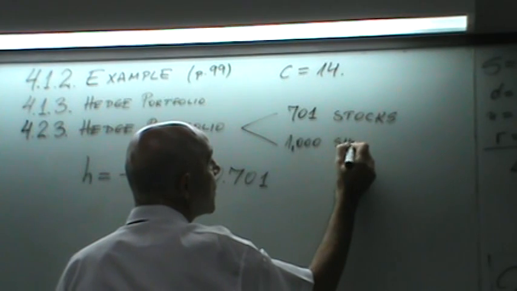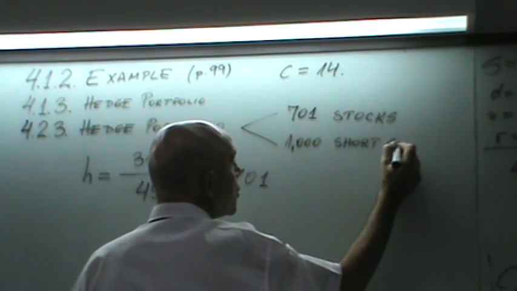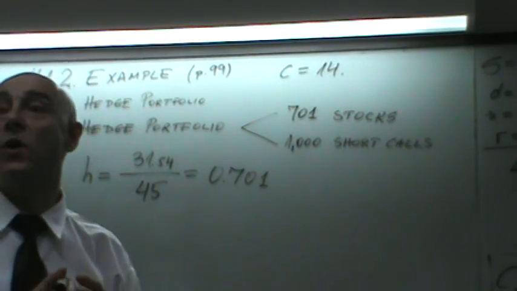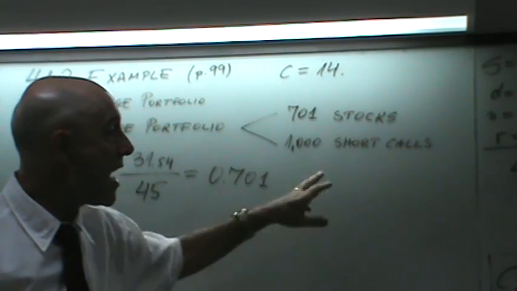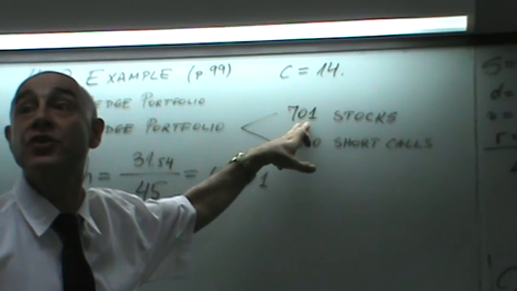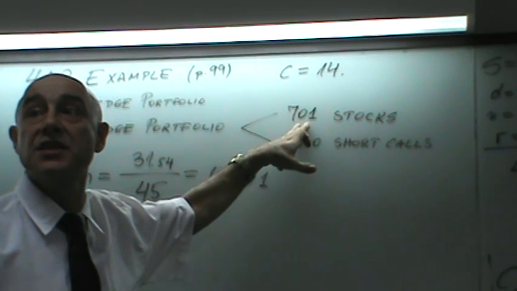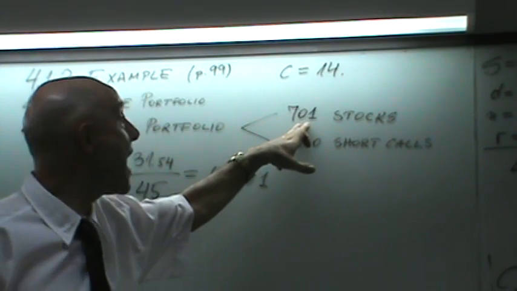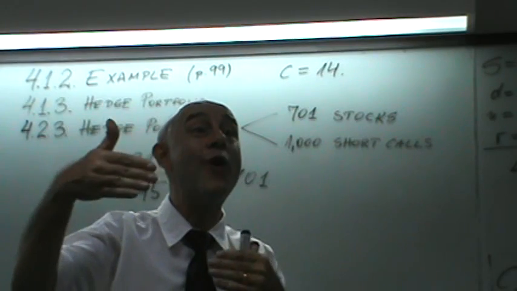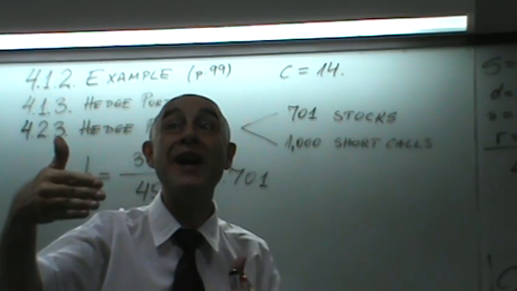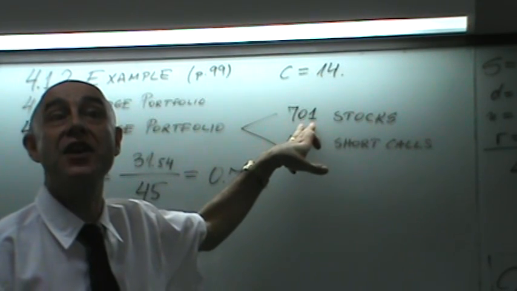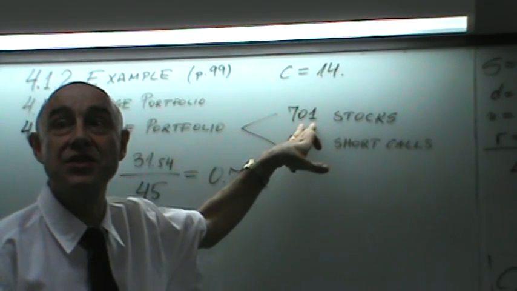1,000 short calls. Now remember, before we had only 500 stocks short. Now we got 7,000. Why? Before we had only 1 period call, and 1 period call was good for protecting 556 stocks.